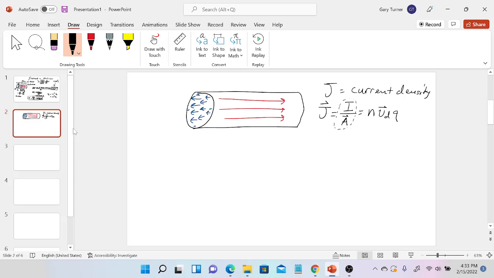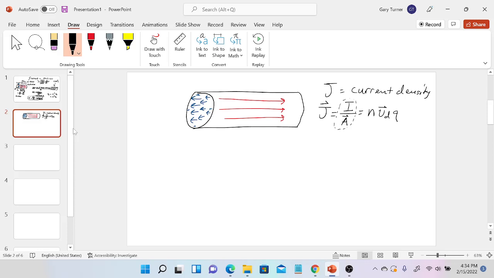And so your current density is just the total amount of current, or the flow of charge, per unit surface area. And when I say surface area, we're talking about the face of a cross-sectional piece of wire, not the actual surface of the outside of the wire. So it is the cross-sectional area of the wire that we're interested in here.